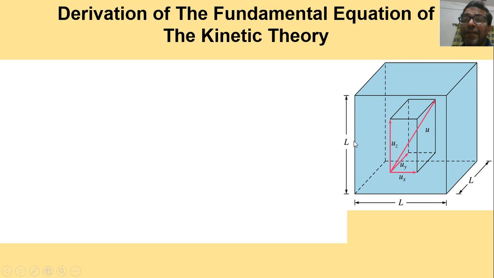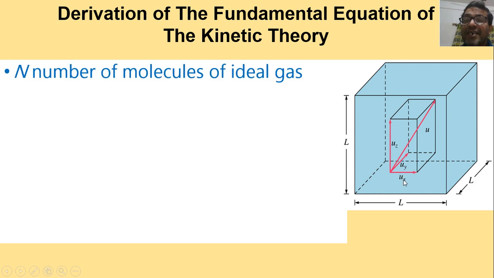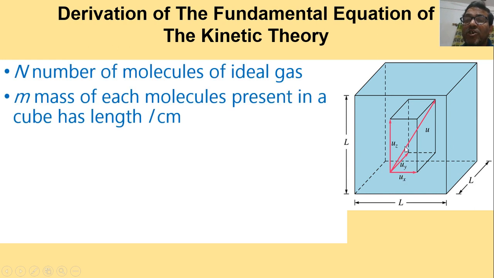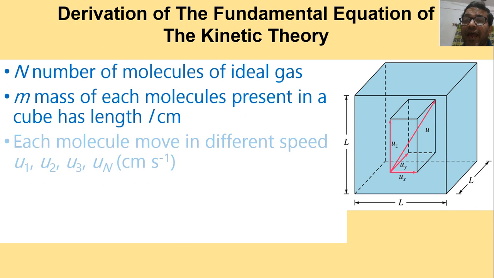The length, breadth and height are the same, that is, we are considering L. And you can see here that u is the velocity of a particular gas molecule, and it has three components along the x, y and z axes, denoted by ux, uy and uz respectively, right?